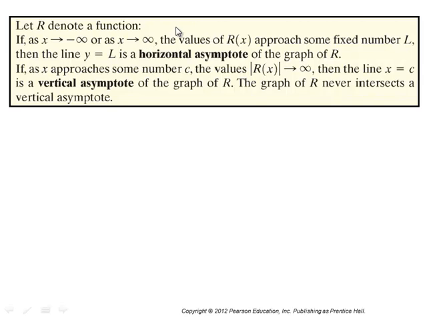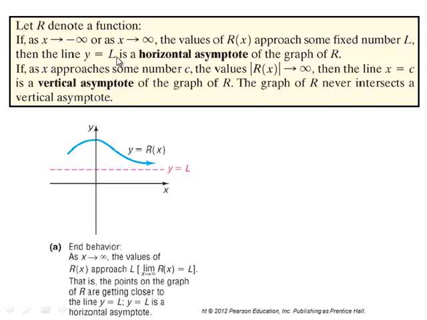That end behavior will tell you whether or not the function tends toward a finite value, and that finite value will be the value of y, as in the equation y equals that finite value. In this case, L is that finite value, and y equals L is that horizontal asymptote.